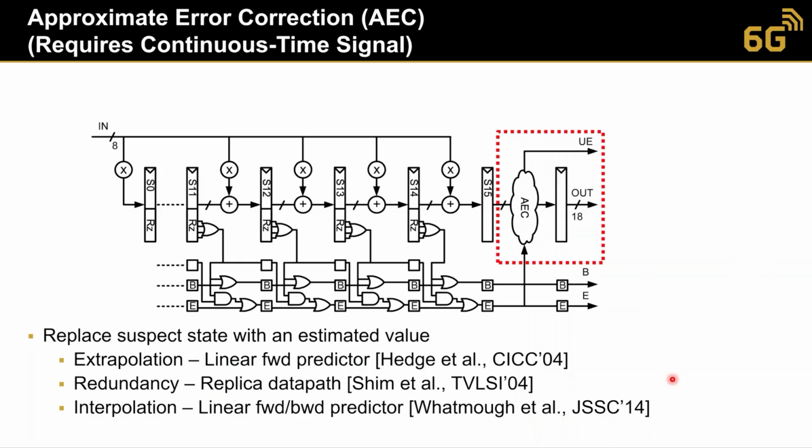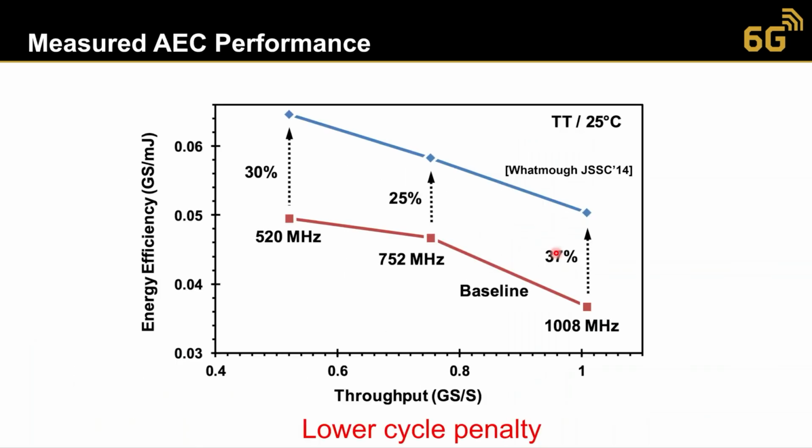For example, Paul Whatmough from ARM has shown nice values where he exactly interpolated between values and got a gigahertz processor with over 30% energy reduction. So similar values to the original Razor paper, but this has a lower cycle penalty than Razor and is therefore quite interesting.